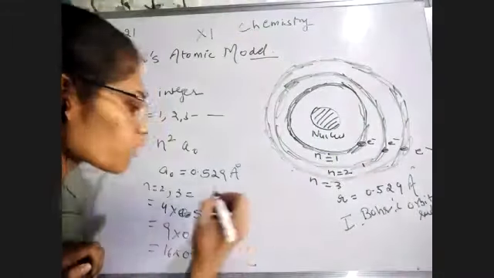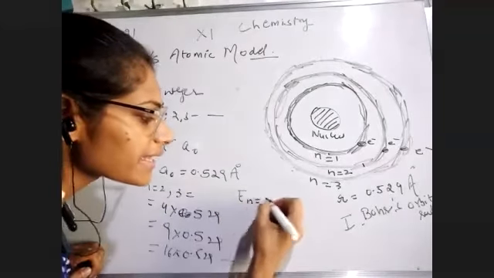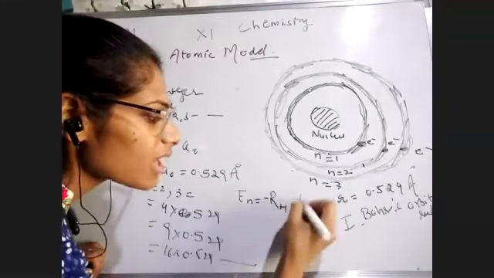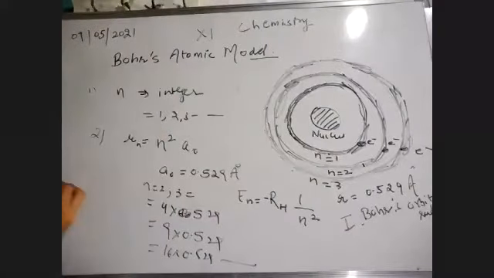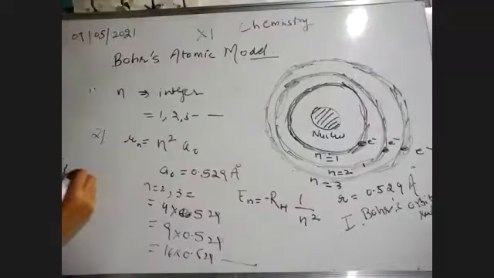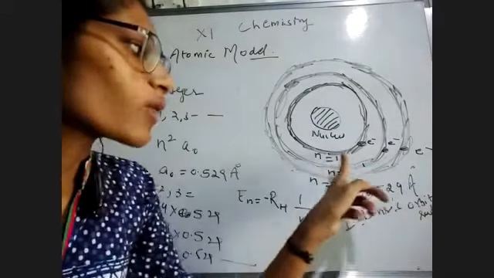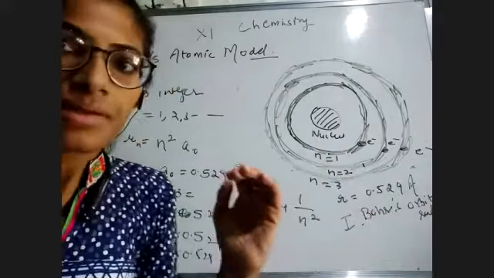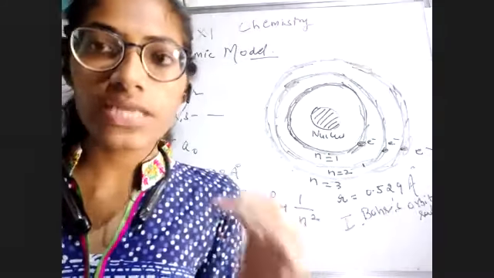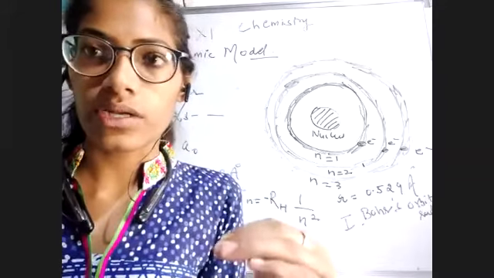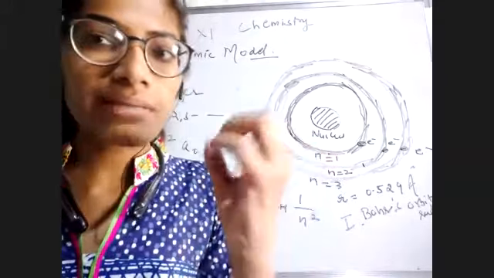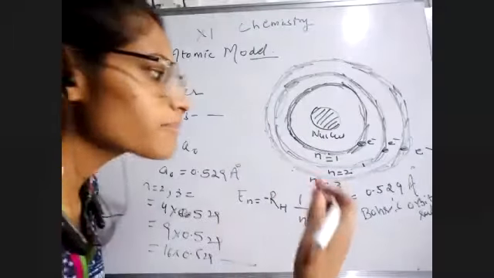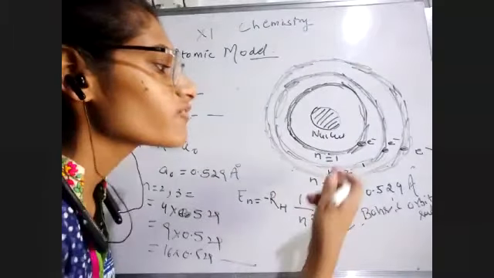In the same order, he explained En equals minus RH over n square, with final and initial states. If n1 equals 1, this is my initial orbit in which the electron is present right now. If it gets some energy, it would jump to the final state, that is n equals 2.